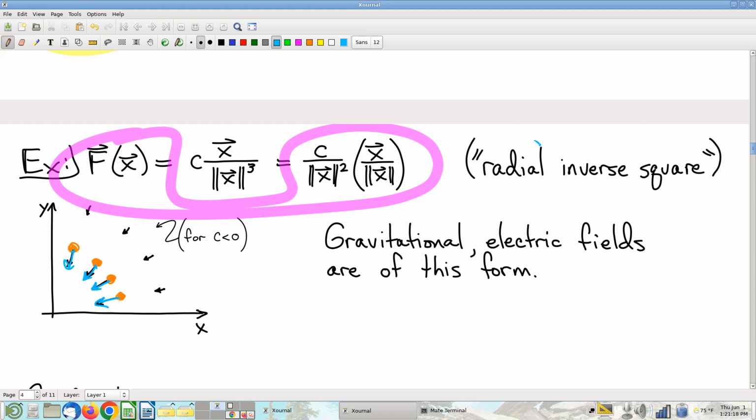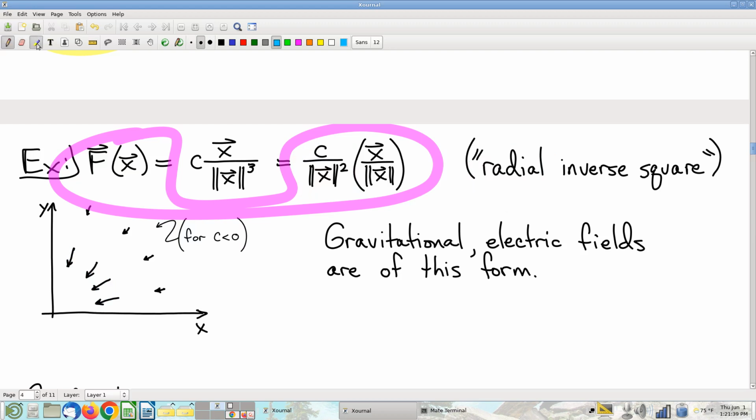That's the other aspect of what we mean by radial. And so I need the magnitude to be strictly a function of distance. And again, you can see that that's the case here. This magnitude is strictly a function of distance from the origin. Okay, so radial.